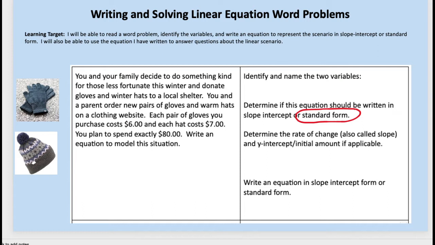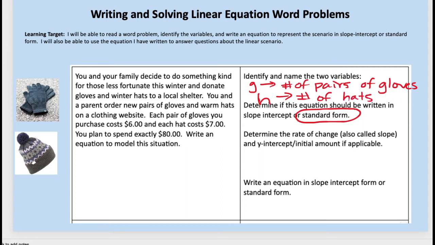So let's pick letters to represent those two items. I'll use G for the number of pairs of gloves, and then I will use H as the variable to represent the number of hats.